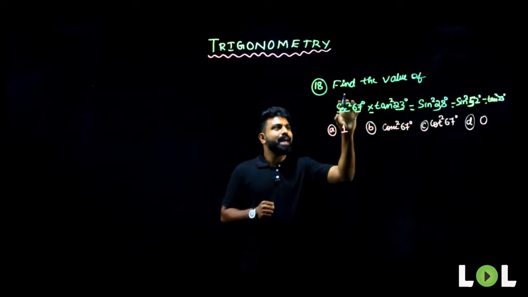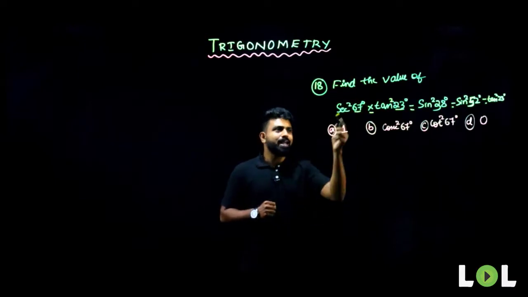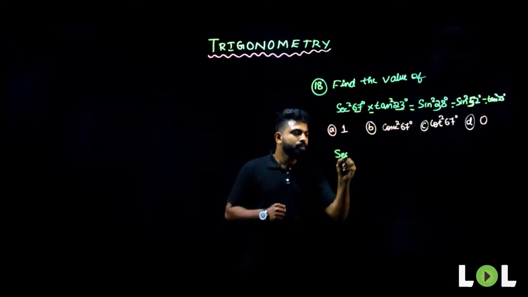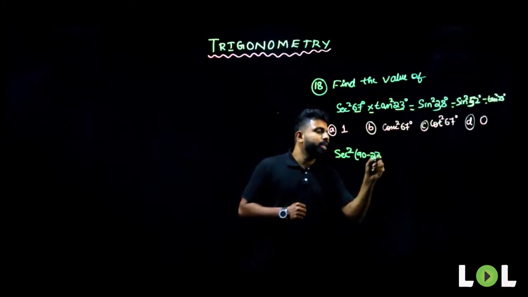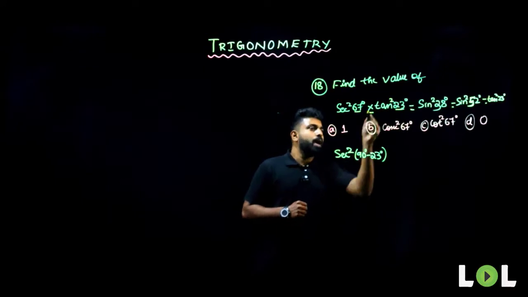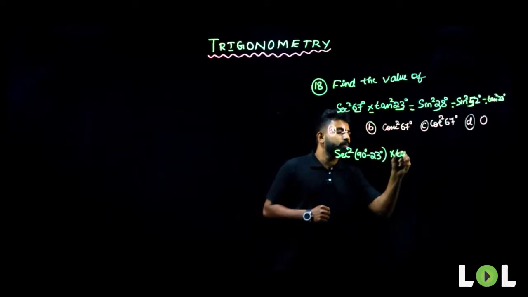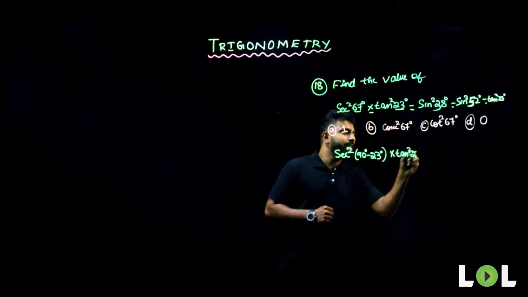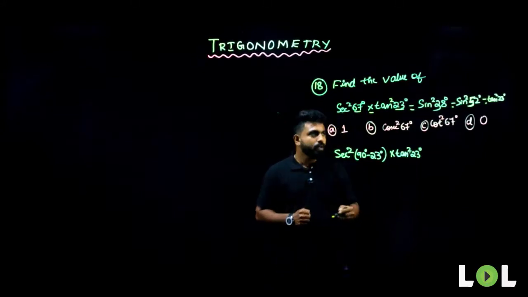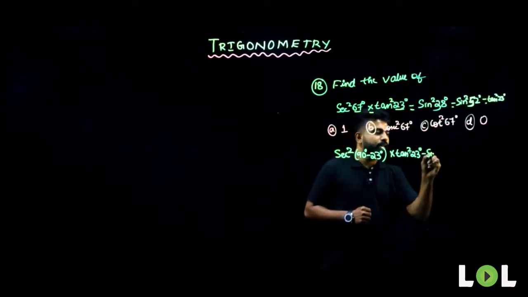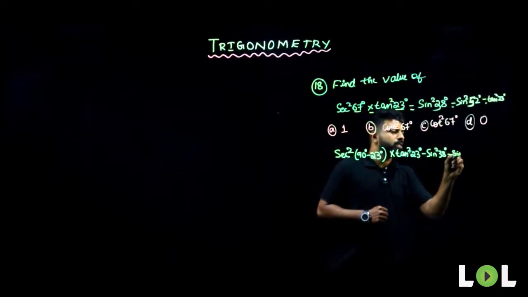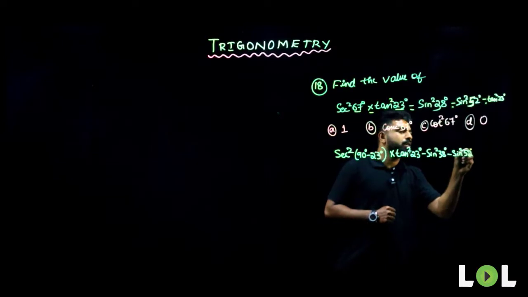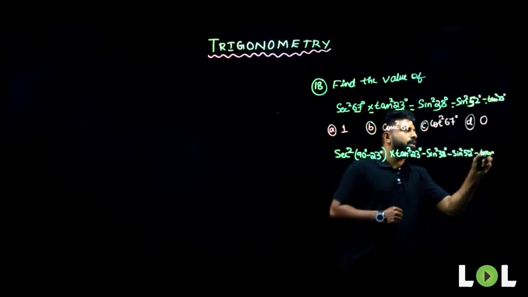So instead of writing it as secant square 67, I'll directly write it as secant square of 90 minus 23 degrees, into tan square 23 degrees as it is. Then what will I be remaining with? Sine square 38 degrees minus sine square 52 degrees minus tan square 23 degrees.